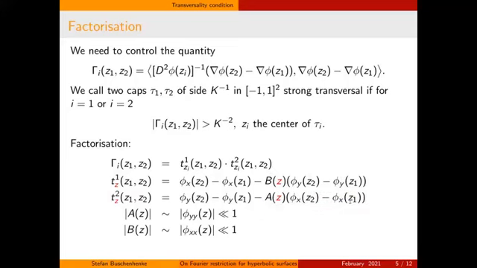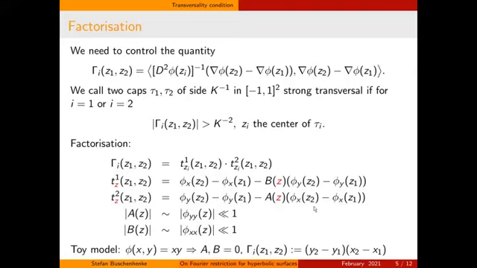In particular, if you look at the unperturbed case as a toy model, x times y, then of course these second order derivatives vanish. So A and B are 0, and these terms don't show up, and you can see that these two factors T1 and T2 are nothing but y2 minus y1 and x2 minus x1. So you get a very good idea what this gamma I actually is.